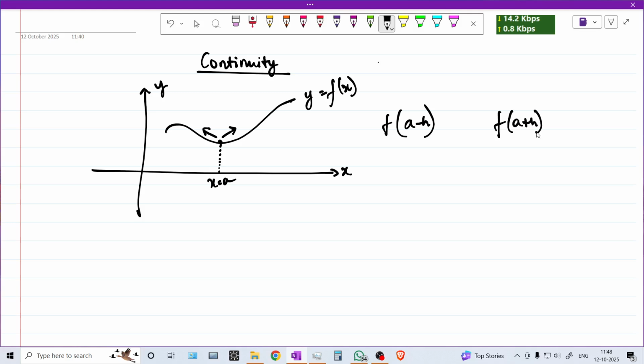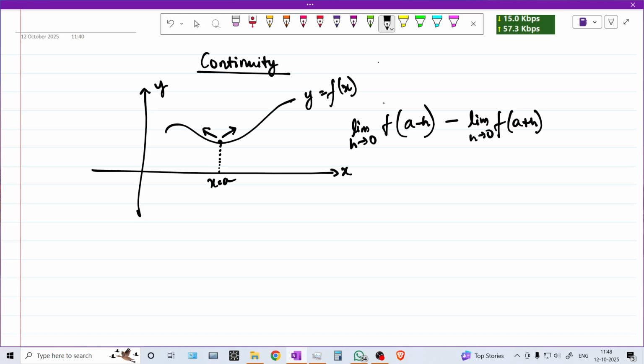Plus h is the distance that we are going towards the right from the point a. And what is a? A is the point where we need to check the function's continuity. So f of a minus h and f of a plus h. And what is this h? H is a very small quantity, so this h limit will tend to 0.